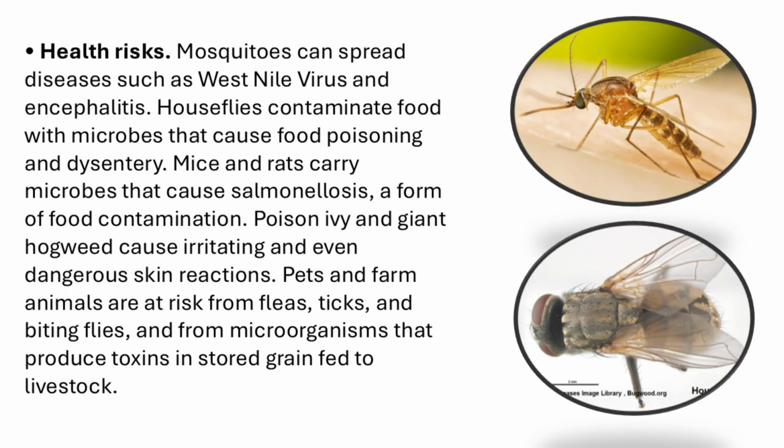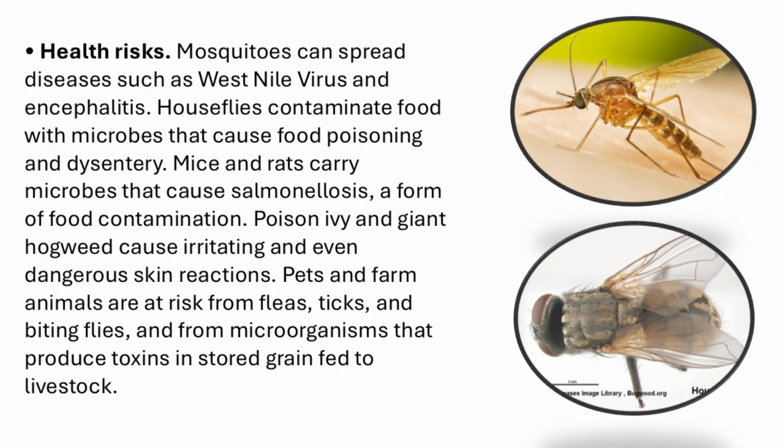Health risk. Mosquitoes can spread diseases such as West Nile virus and encephalitis. Houseflies contaminate food with microbes that cause food poisoning and dysentery. Mice and rats carry microbes that cause salmonellosis, a form of food contamination.